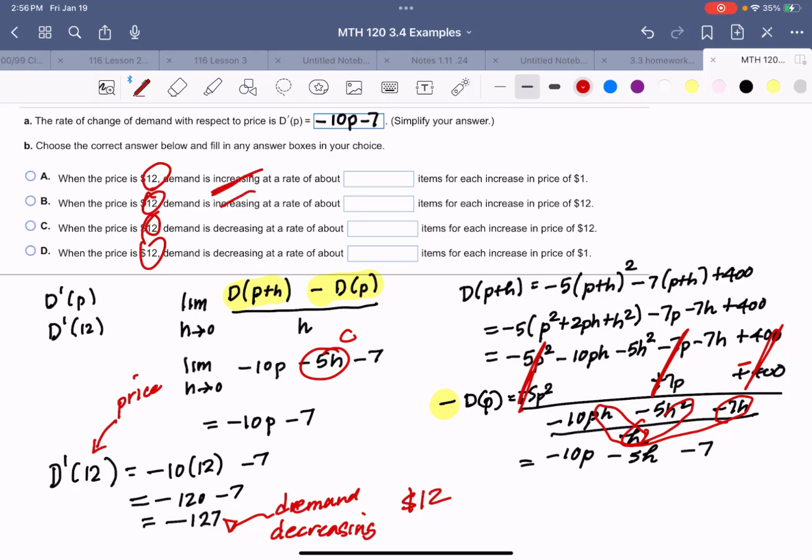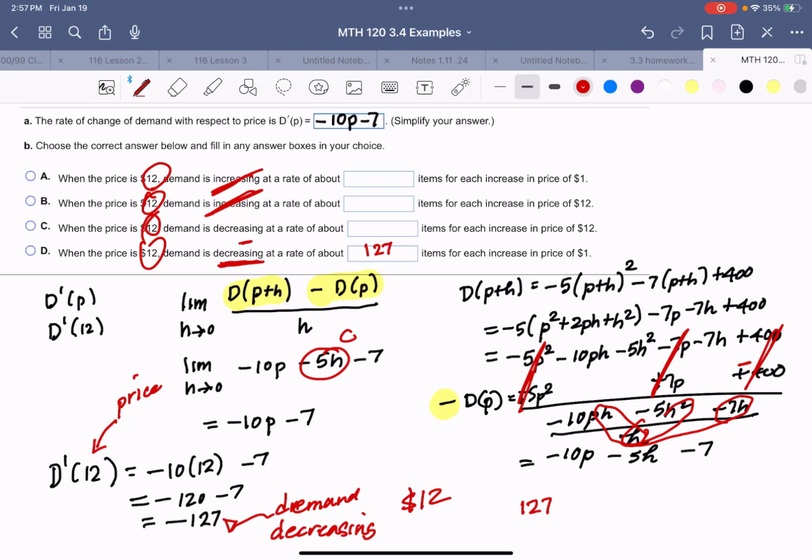So it's when the price is $12, the demand is decreasing at a rate of about 127 items for each increase in the price of $1. So 127 goes here. Now we don't say the negative there because we've already got decreasing, so there's our negative.